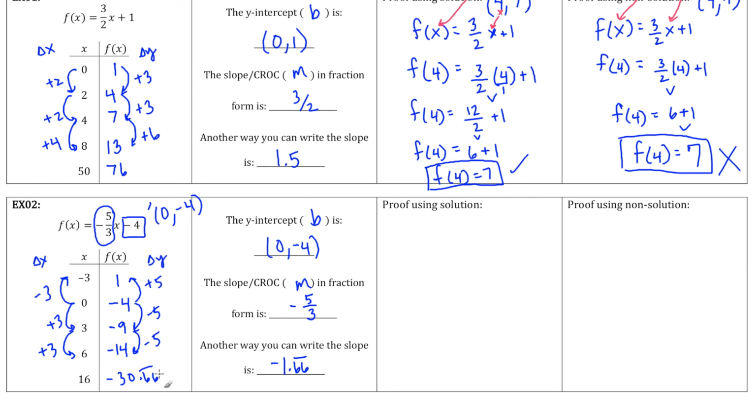I guess I could write that a little bit better. There we go. So let's prove one solution. Now, I showed you this way, but I'm going to show you the way that you're probably more familiar with that we usually use. So I'm going to use 3, negative 9. Remember that this is x, this is y, also known as f of x.